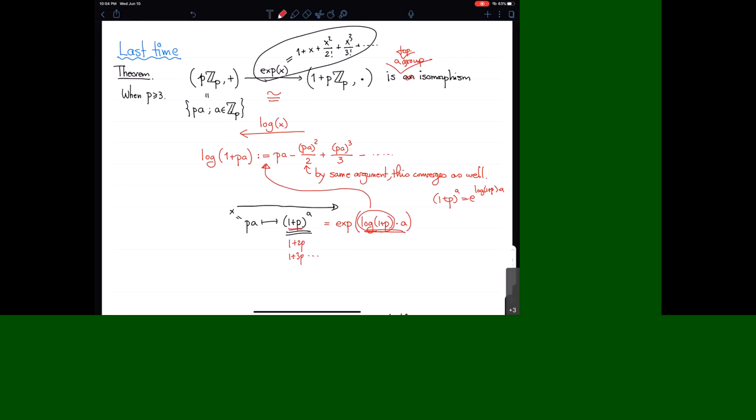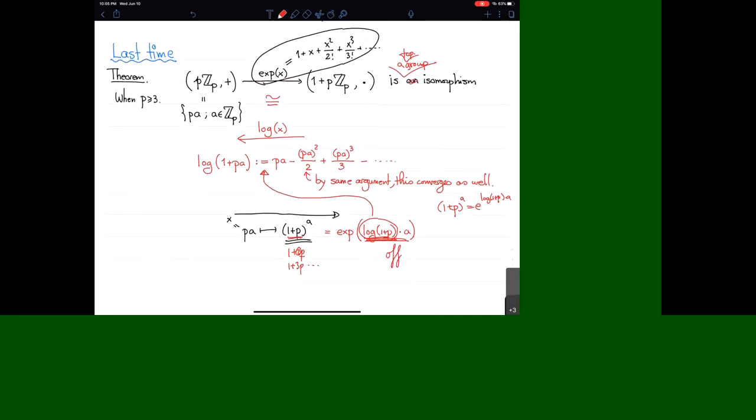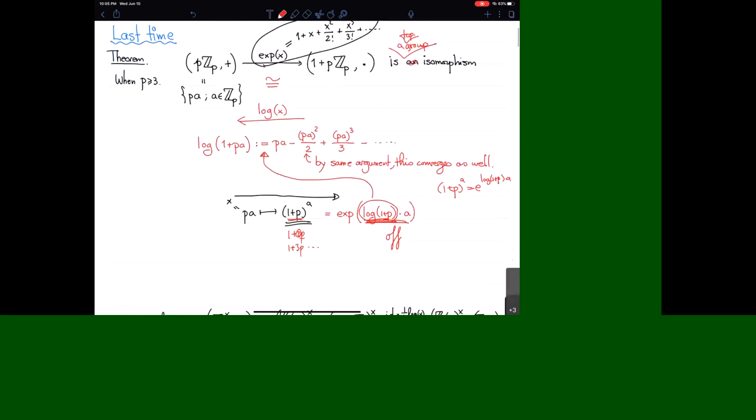If you take 1 plus something invertible times p, then you essentially get roughly the same thing, basically off by a multiple of a in some sense. If you compare this exponential and this thing here, they're off by some number like log of 1 plus p over p, a multiple of this. So these maps are essentially the same up to some small things.